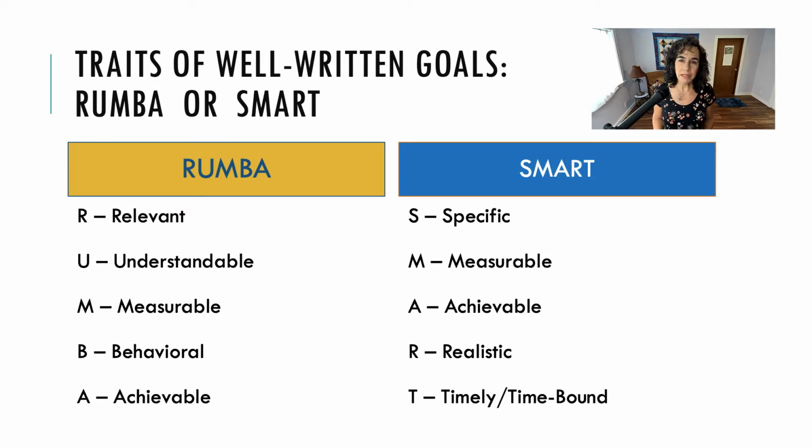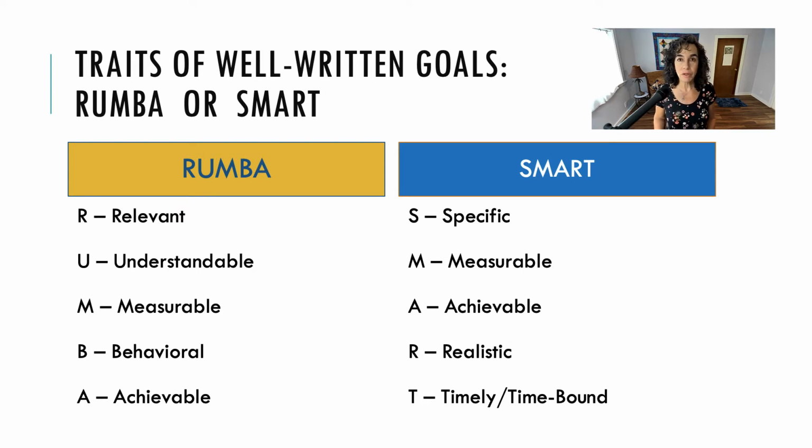There are some traits of well-written goals, and we went over this a little bit in our lecture about school-based practice. We're going to revisit now. Some of you have been taught under the RUMBA acronym, and others of you under the SMART acronym. Either one is perfectly fine.